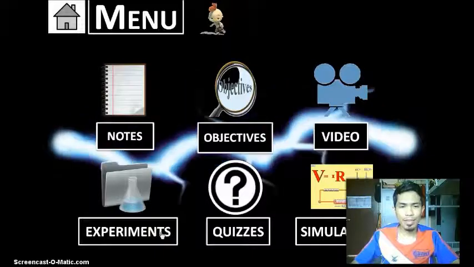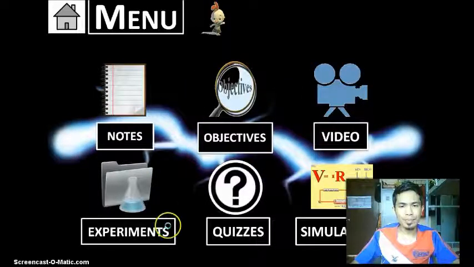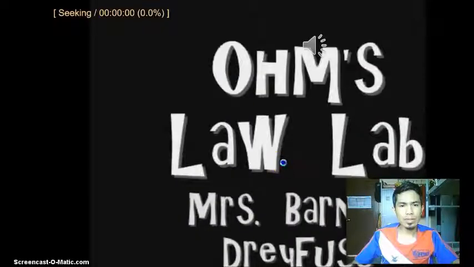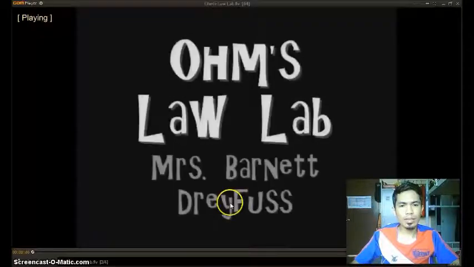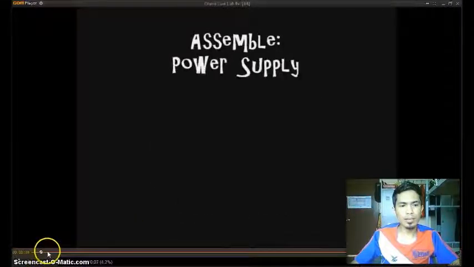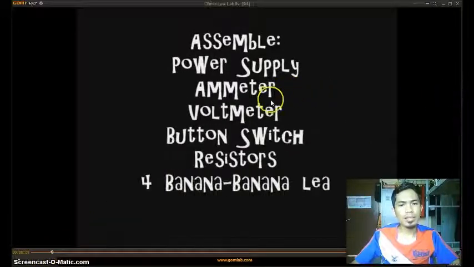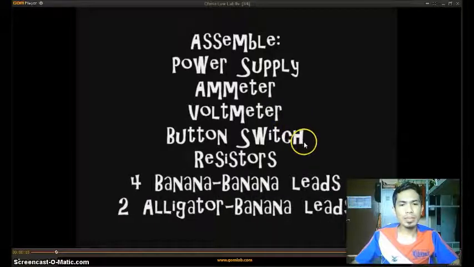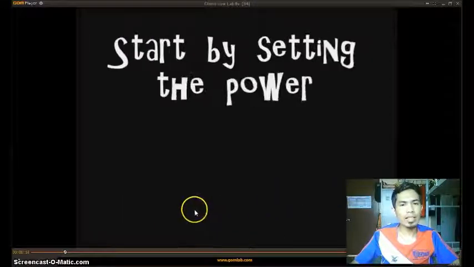one experiment, but a simple experiment. Just using a power supply, ammeter, voltmeter, button, switch, resistor, and 4 banana leads.